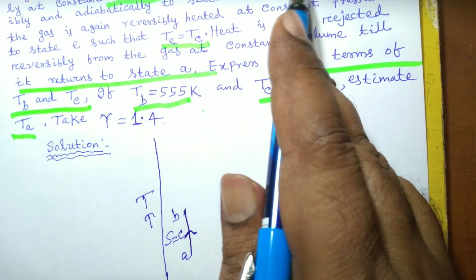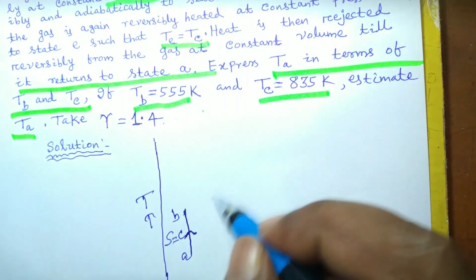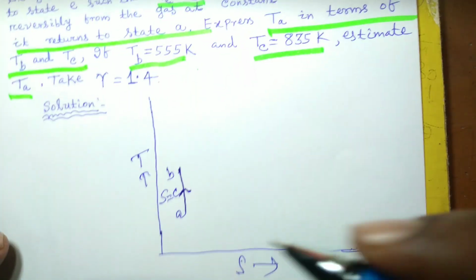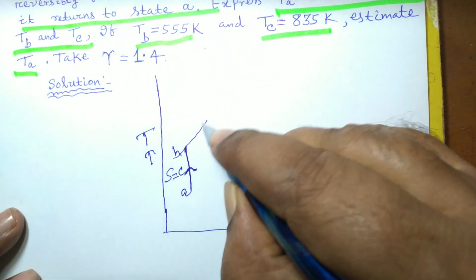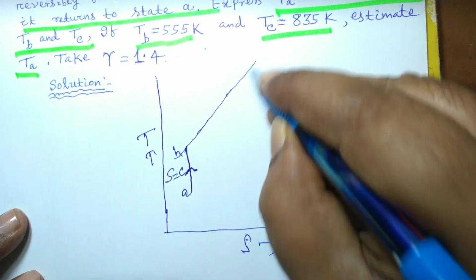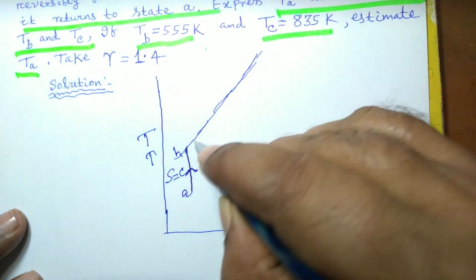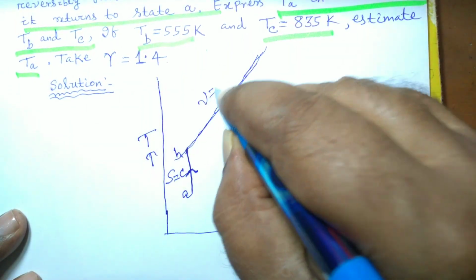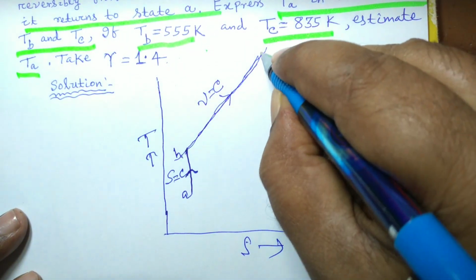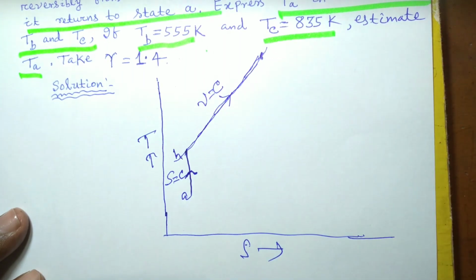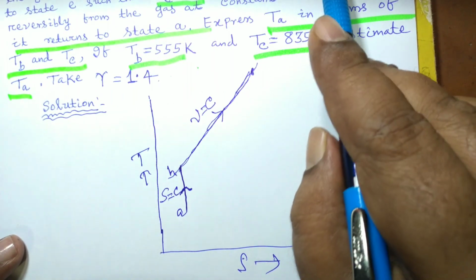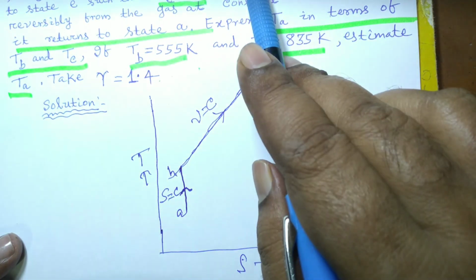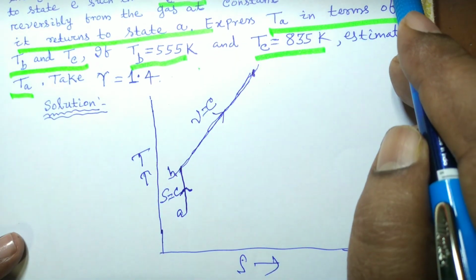And then it is heated reversibly at constant volume to state C. So the constant volume line on the Ts diagram is like this, up to point C. Then it is expanded reversibly and adiabatically to state D such that Tb is equal to Td.